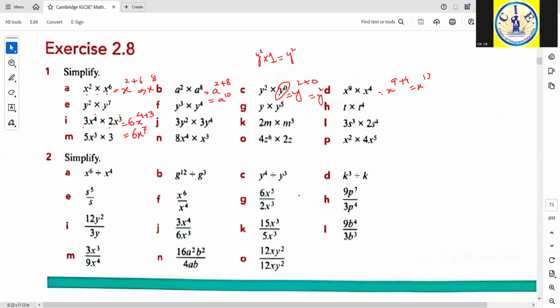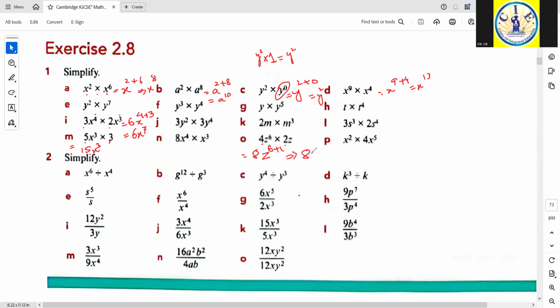Same goes for the remaining parts. Let me first of all, for example, solve part m. This is 5 times 3, 15x cubed. And here it is 4 times 2, 8z raised to 6 plus 1.